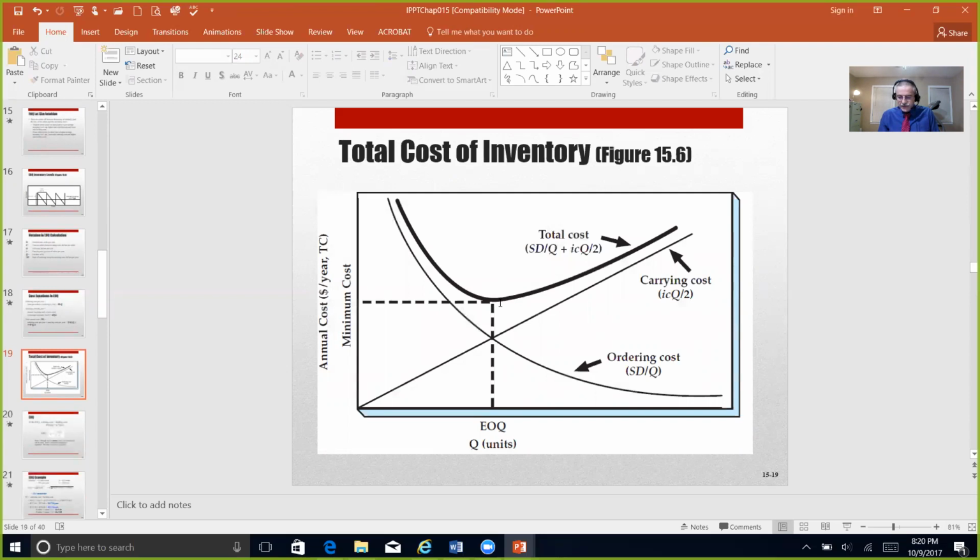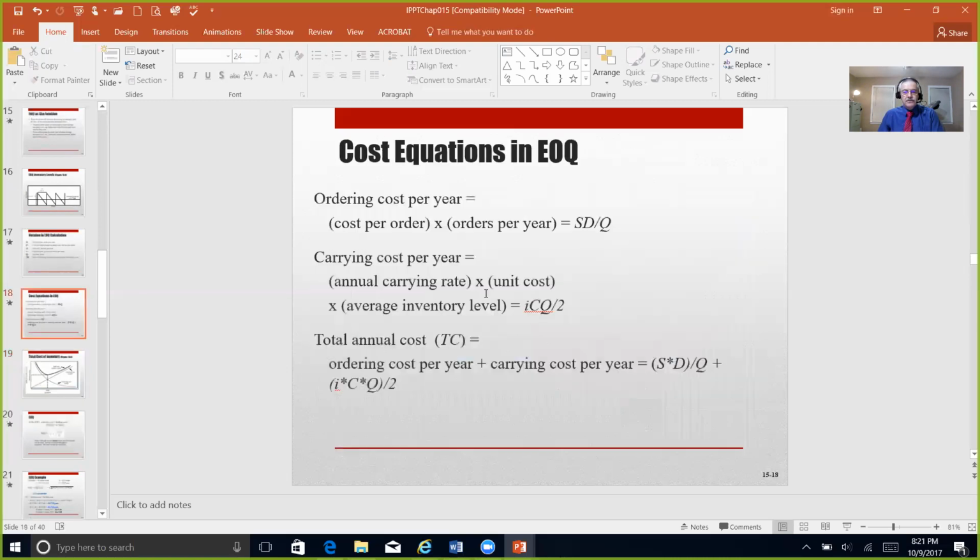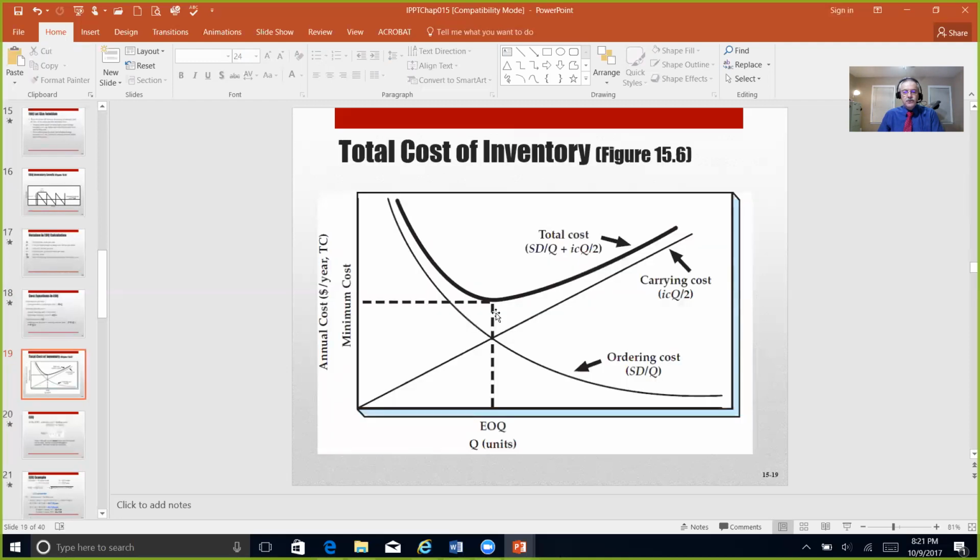While one decreases, the other increases, because of this trade-off, the function of the total cost has a minimum. So what this reflects over on page 379 is the relationship of these equations, as we try to find the correct number of Q that's going to minimize our cost.